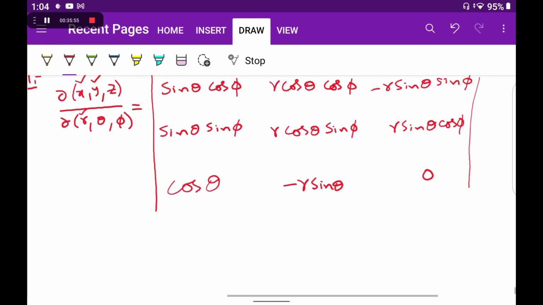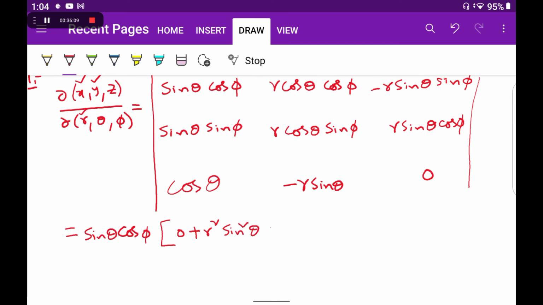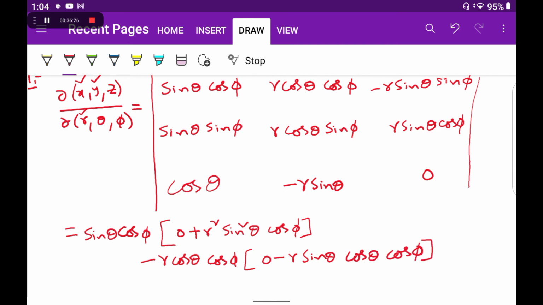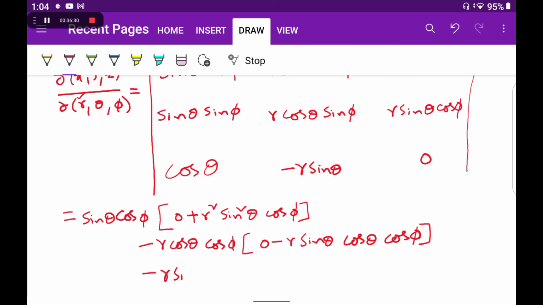So if you simplify this determinant, what we get is sin theta cos phi into 0 plus r square sin square theta cos phi, minus r cos theta cos phi into 0 minus r sin theta cos theta cos phi, minus r sin theta sin phi into minus r sin square theta sin phi minus r cos square theta sin phi.